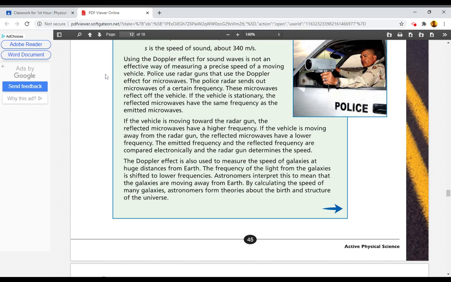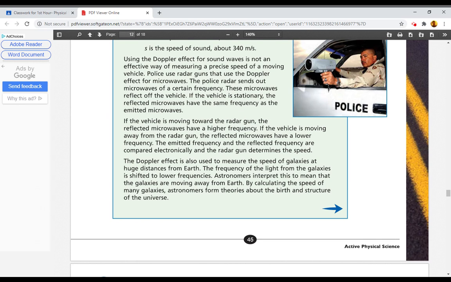So, okay, here we go. Using the Doppler effect for sound waves is not an effective way of measuring a precise speed of a moving vehicle. Police use radar guns that use the Doppler effect for microwaves. The police radar sends out microwaves of a certain frequency. These microwaves reflect off the vehicle.